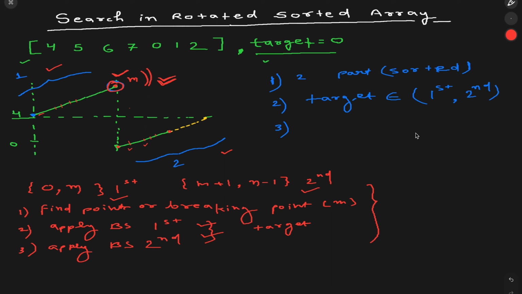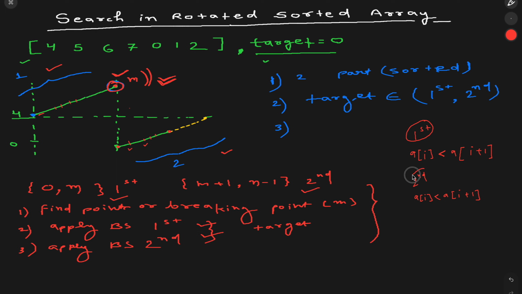Basically for the first part, suppose I assume all the elements a_i, all the elements in the first part satisfy a_i is less than a_(i+1), correct. For the second part, all the elements are also less than the element which is after that.